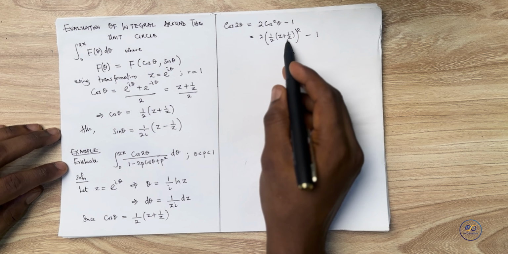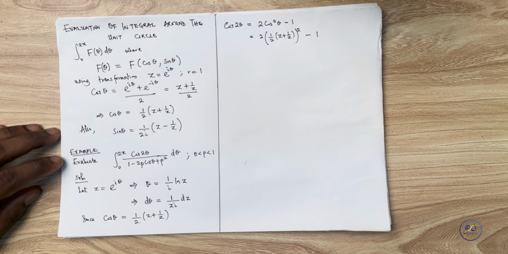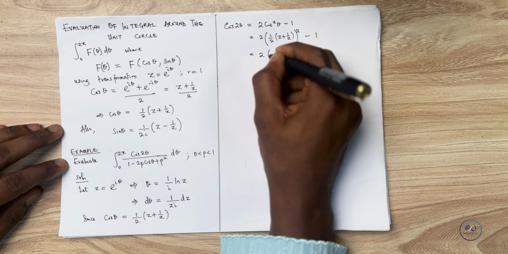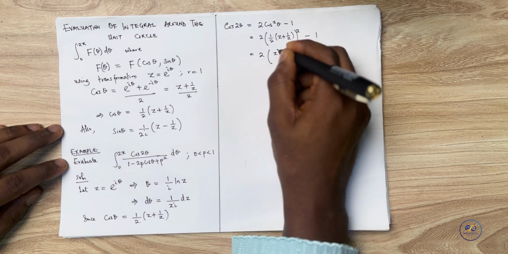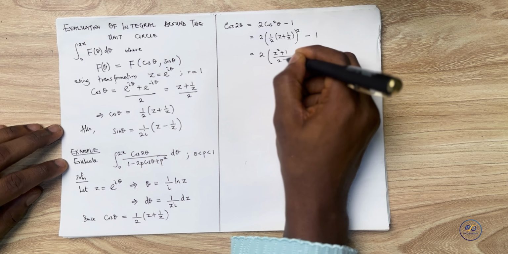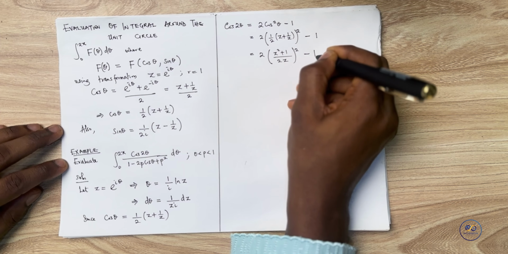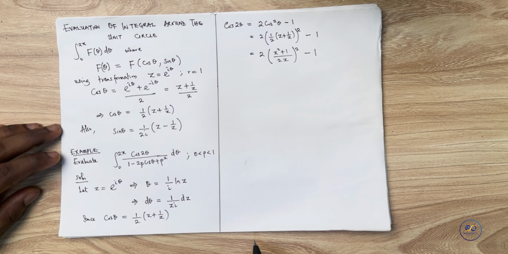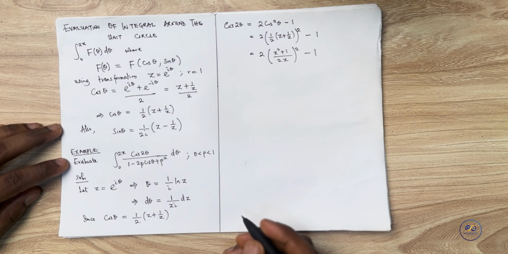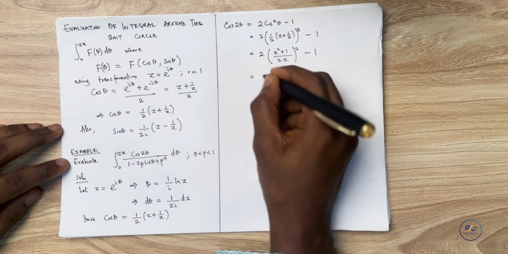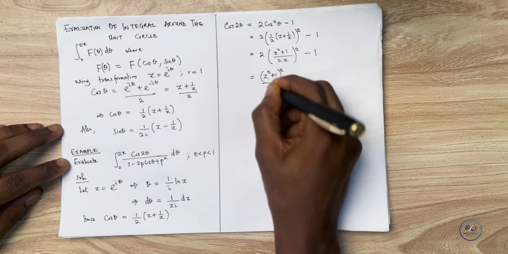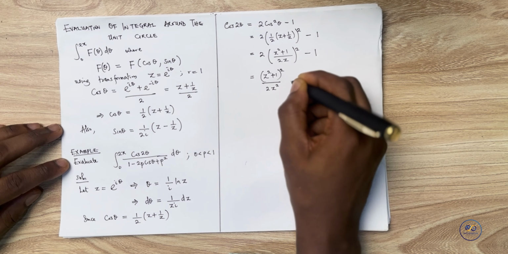Now we can proceed to take the LCM of the inside before we square off. And if we do so, it means we'll have 2 into z squared plus 1 divided by 2z, all squared, minus 1. Now, simplification of this process, the denominator breaks down to 4z squared, cancels out the 2 outside, so you can easily have z squared plus 1 all squared divided by 2z squared, minus 1.